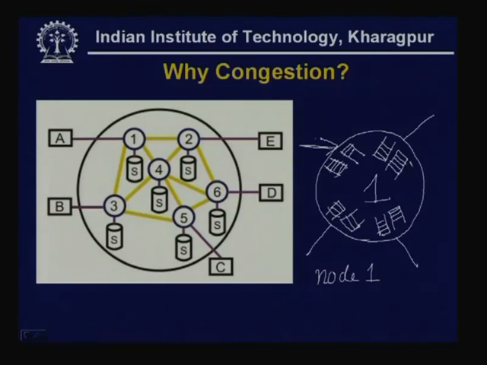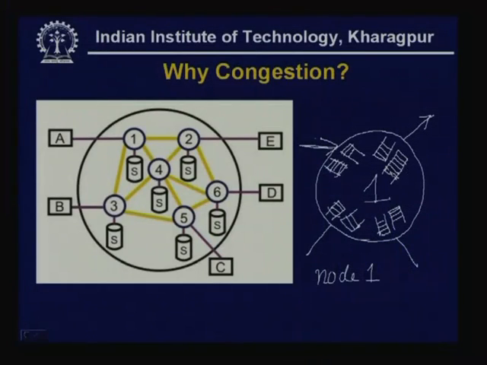That is one possibility. Another possibility is that whenever there is a big queue at the output node, the particular packet takes a very long time to reach the front of the queue. That means before its transmission, it spends a long time in the buffer.